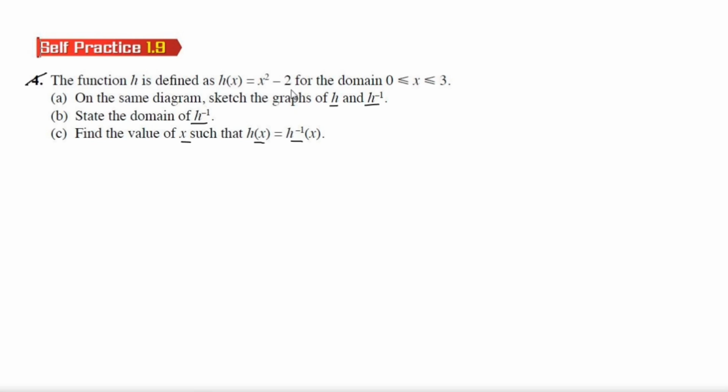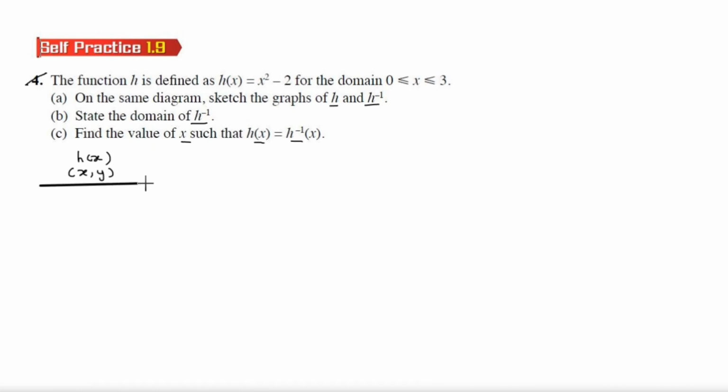To draw graph h and its inverse on the same diagram, first step, we must get several points. Okay, so this is function h(x). We try to get several coordinates of h(x).